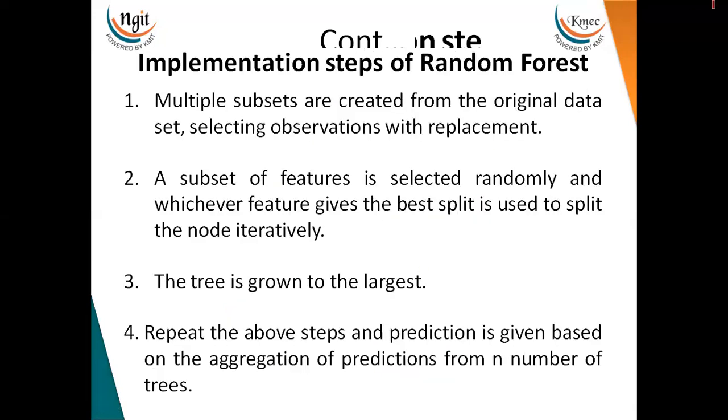Okay. Now, implementation of the random forest. You have your original data. Now, I want a subset of that data. For that purpose, the subset of features should be selected randomly. Means it is not the case that the first three columns will belong to subset one. Randomly, columns will be picked up and they will be part of your subset.